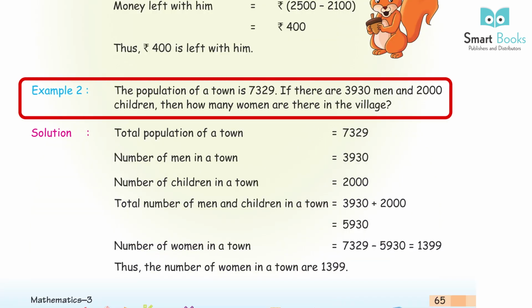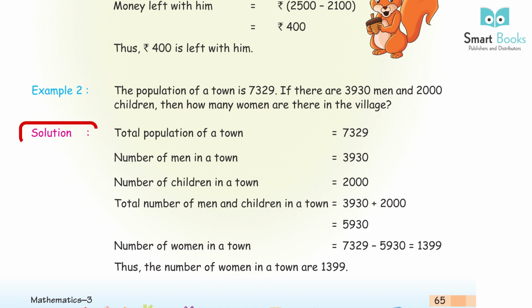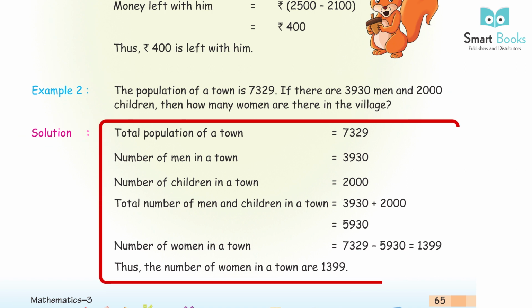Example 2. The population of a town is 7,329. If there are 3,930 men and 2,000 children, then how many women are there in the village? Solution. Total population of a town 7,329. Number of men in a town 3,930. Number of children in a town 2,000.